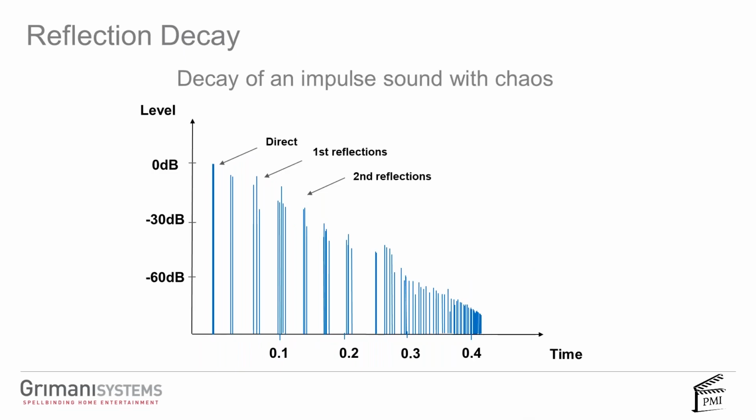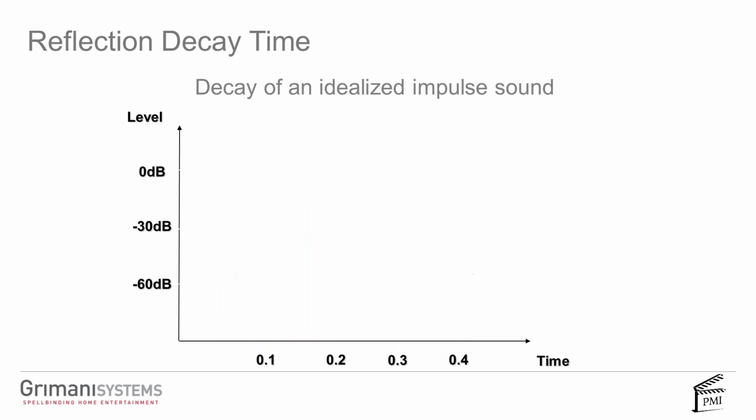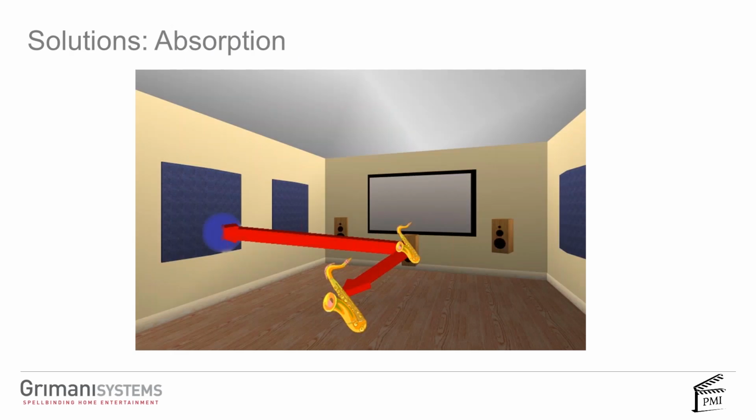So, two things between these slides: the reflected energy, you want to pull it down somewhat and you want to smooth it out so that the reflected energy is still in the room, but it's scattered out more evenly. A room that has an impulse response decay like this will sound better than a room that has one like that. So we're going to look at how we get there.